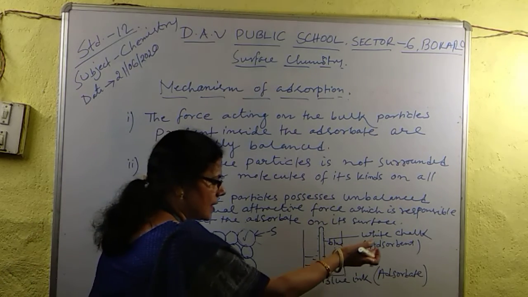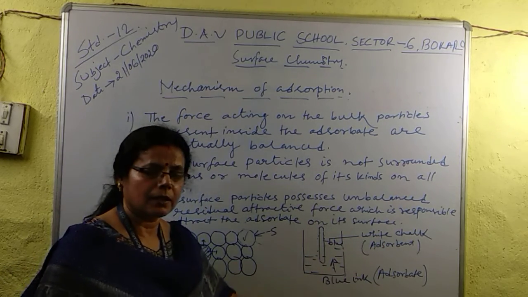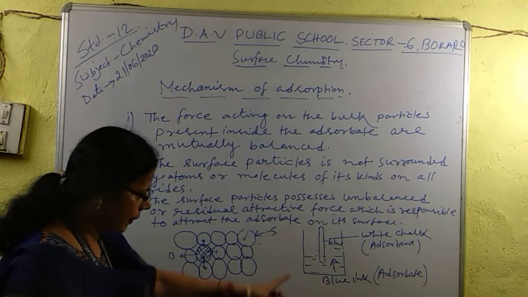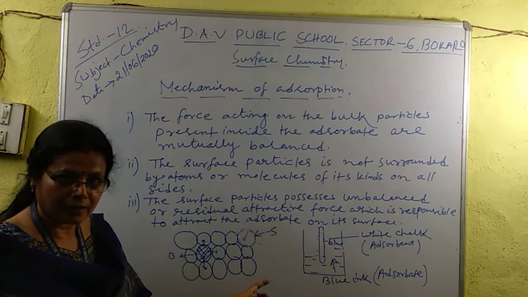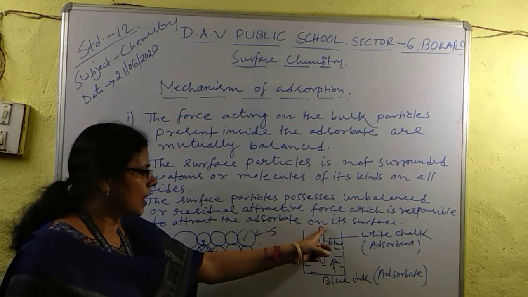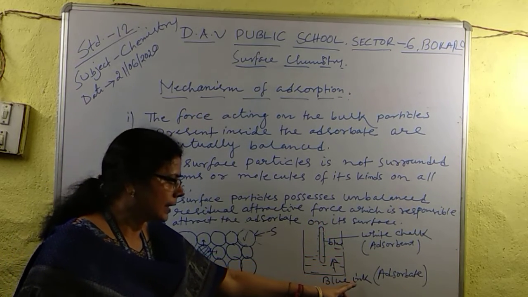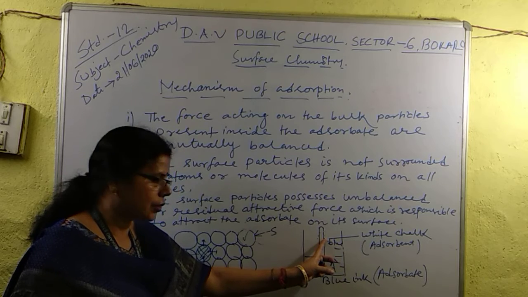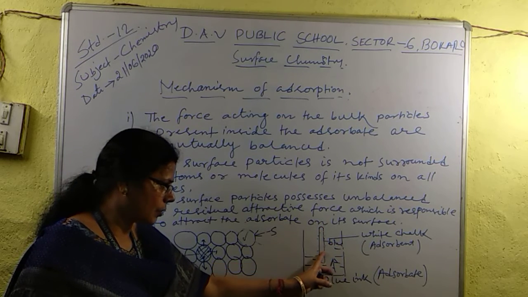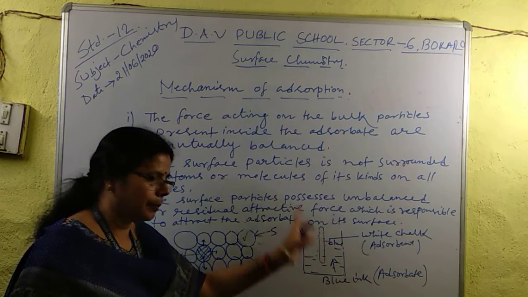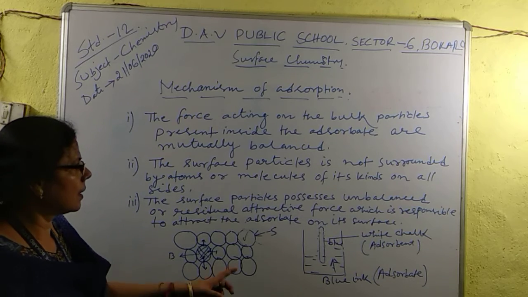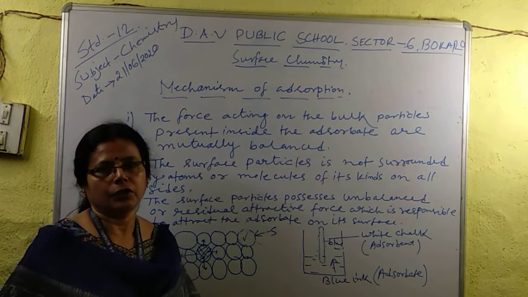White chalk is the adsorbent, blue ink is the adsorbate, and the phenomenon is adsorption. So blue ink is the adsorbate which is adsorbed at the surface of the chalk, the adsorbent. So this is the mechanism of adsorption.